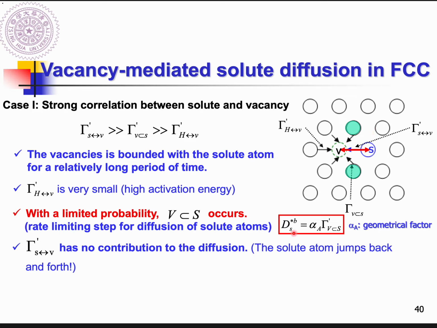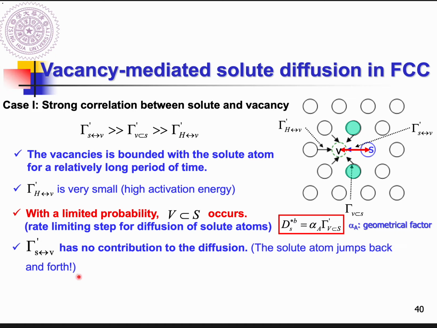So D, as binding with vacancy, the diffusivity for this pack is proportional to this gamma prime. And the alpha A is related to what we call a geometry factor, related to the different crystal structure, and will be a constant depending on what kind of crystal structure we talk about.